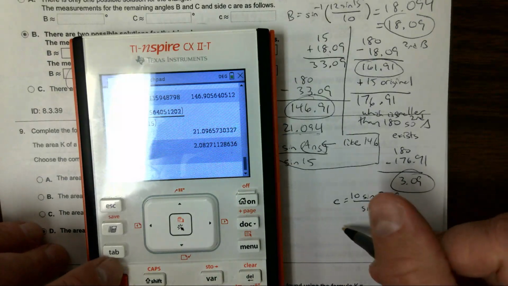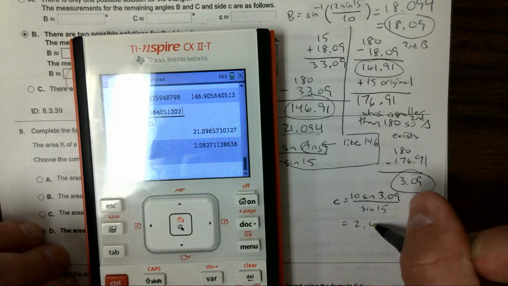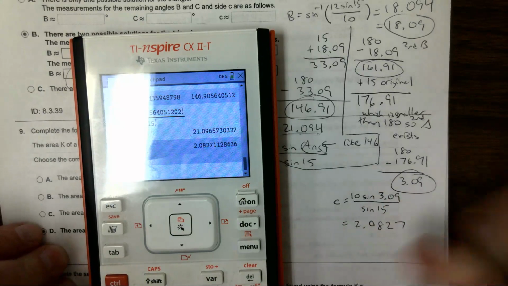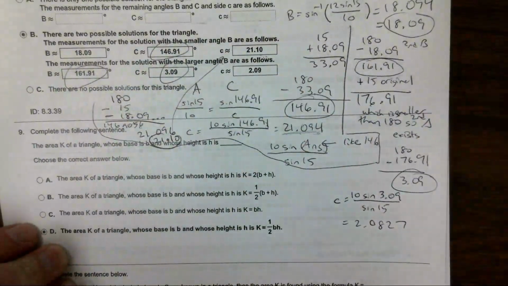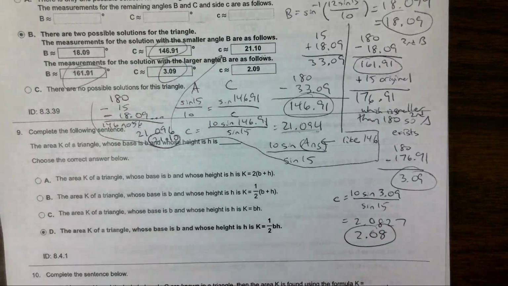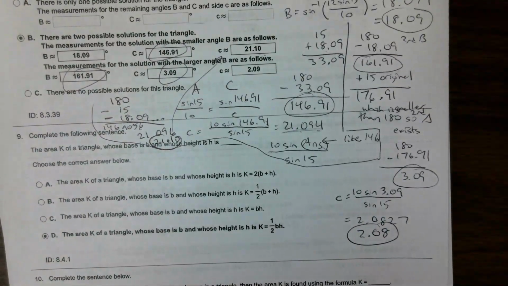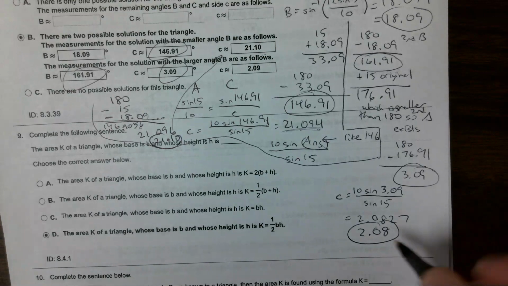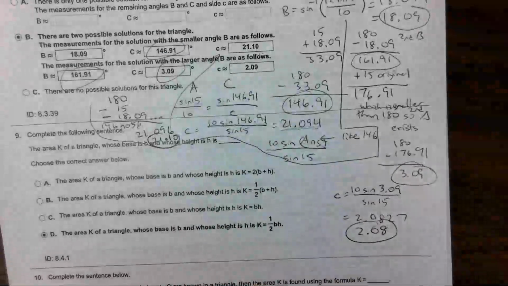So that gives me 2.0827, and sure enough, I'm off by a little bit. So this is 2.08, this is 2.09.